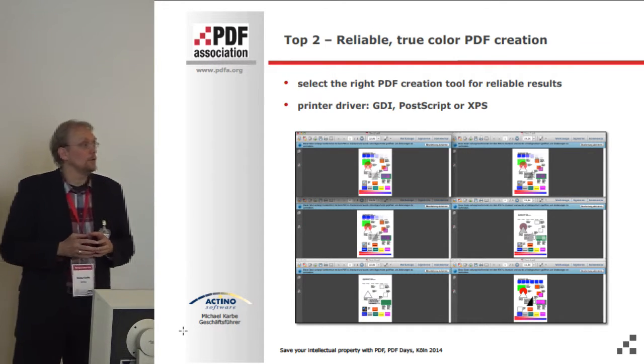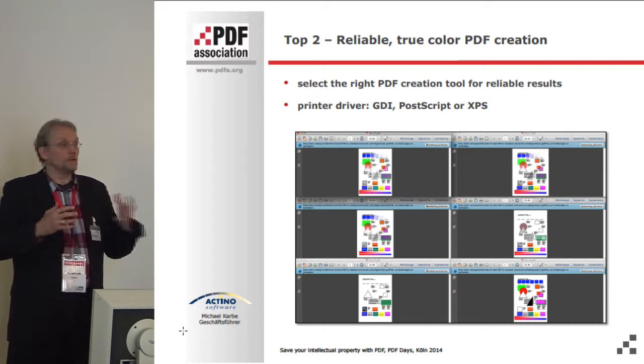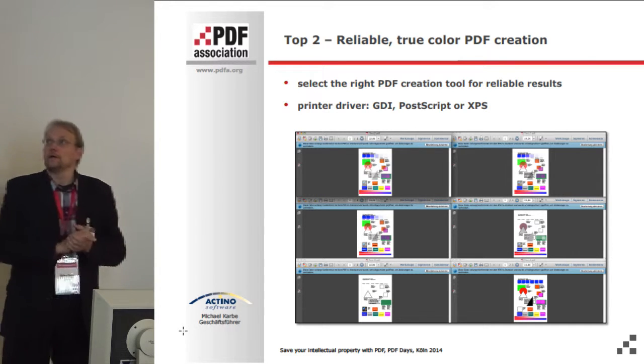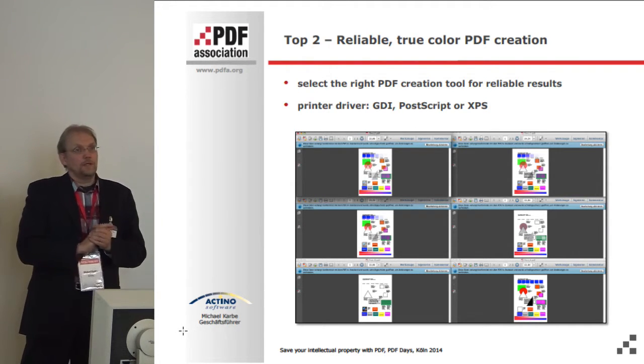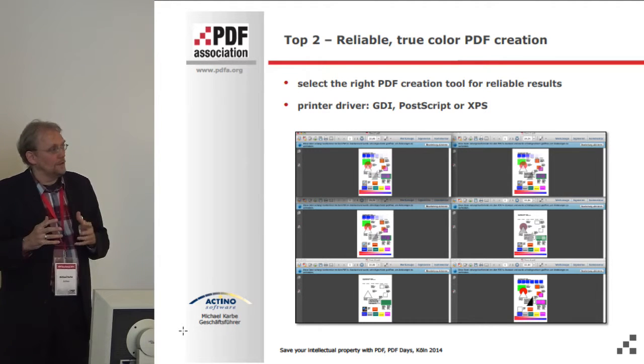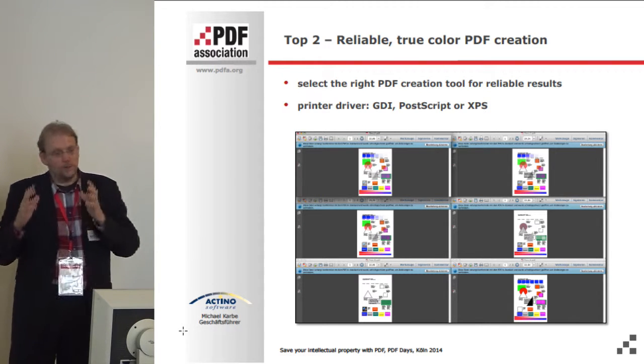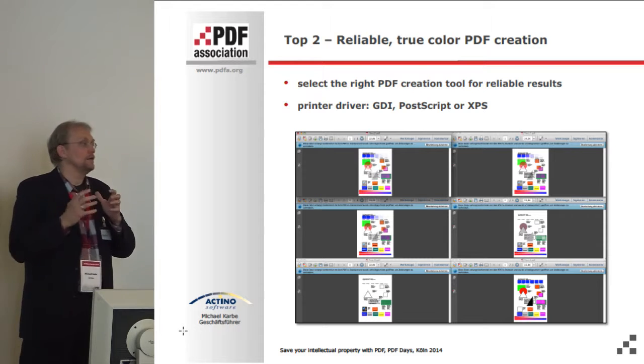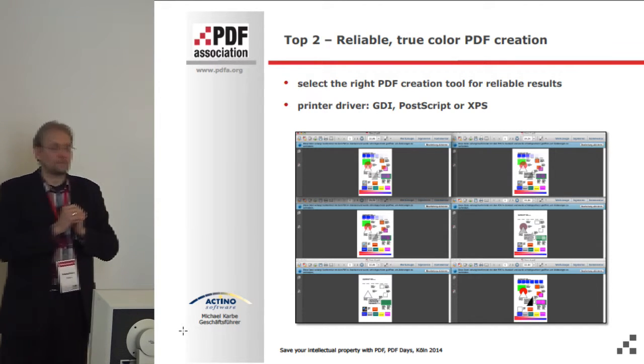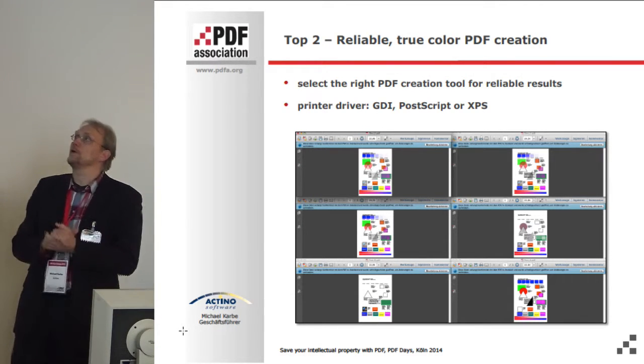There are many PDF tools out in the market, many different printers, and PDF-A finally does not say that the resulting PDF must be identical with the source file. So I made some kind of comparison.